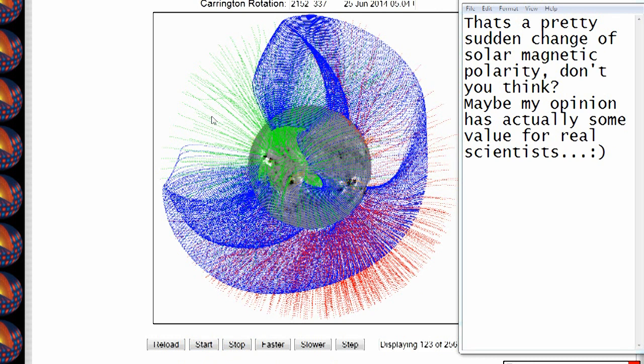That's a pretty sudden change of solar magnetic polarity, don't you think? Maybe my opinion actually has some value for real scientists.